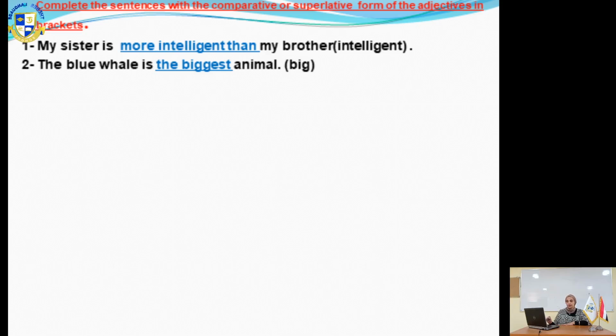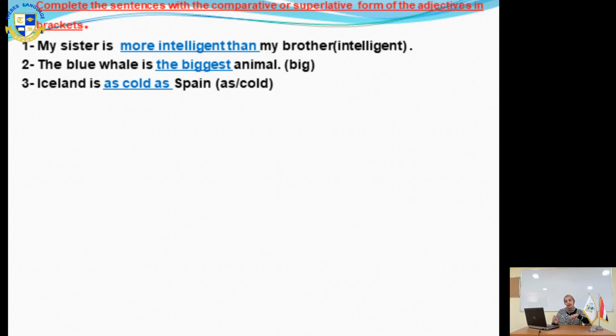Number 3, Iceland, Spain, and we have as cold. It means that they are the same in coldness. So the same, remember, same means as. Okay, so we have to say Iceland is as cold as Spain. Number 4, this is the best book I have ever read.